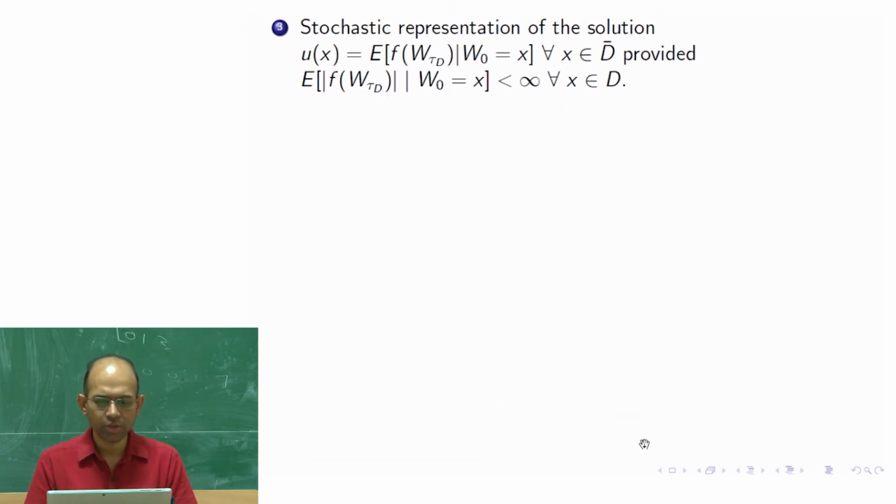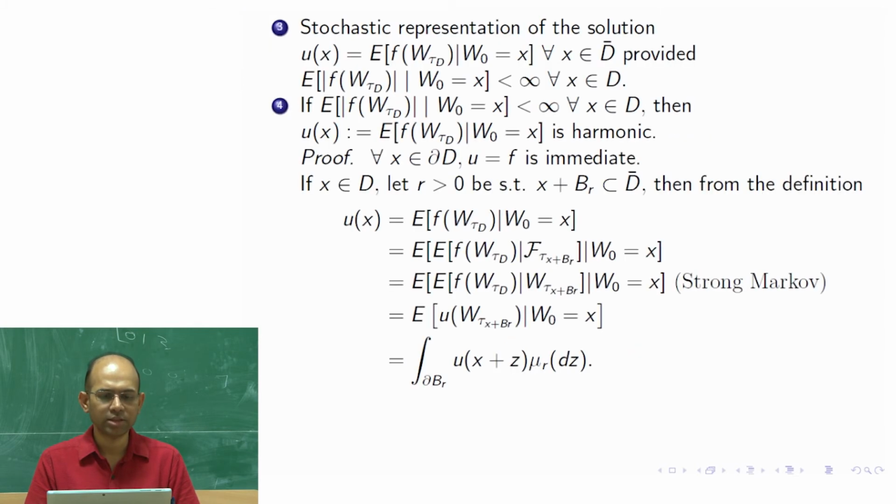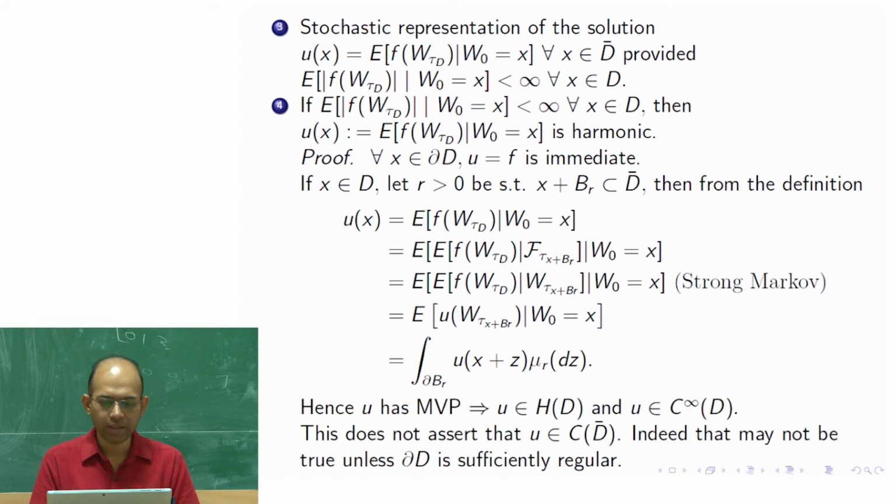So let us look at the problem again. Find u harmonic and continuous on D closure, and then we would say that is the solution, correct? That is the notion of this Dirichlet problem. But here what we have done is that when this is finite, we have shown that u satisfies the boundary condition and is also harmonic. But that does not say that.